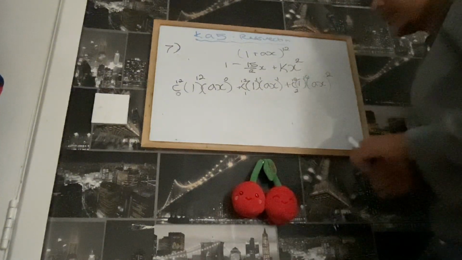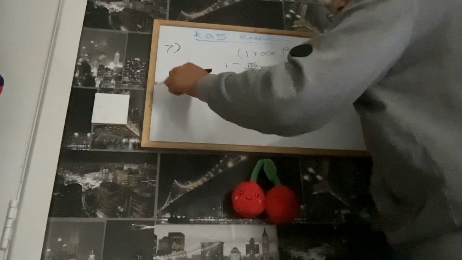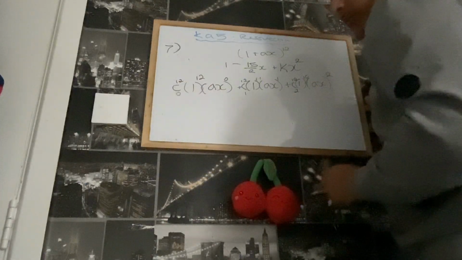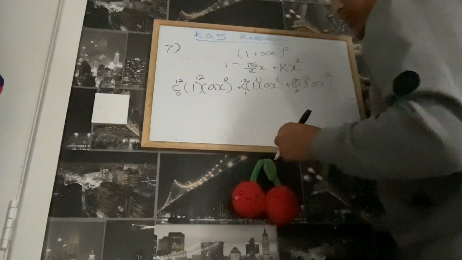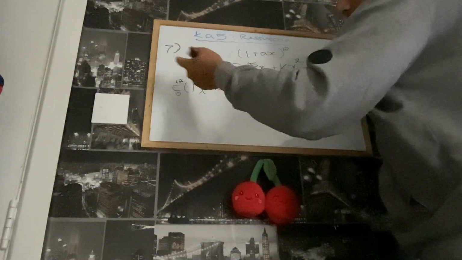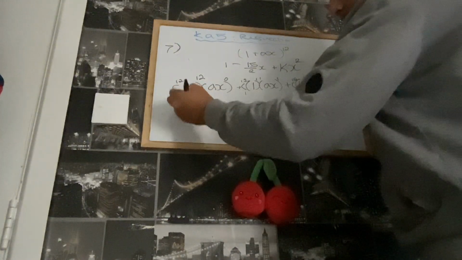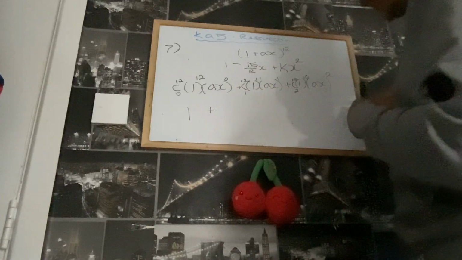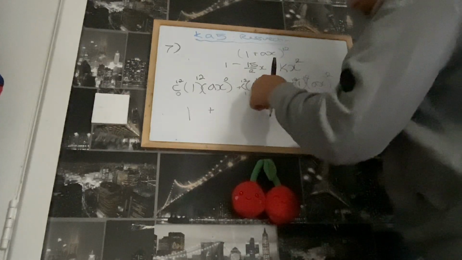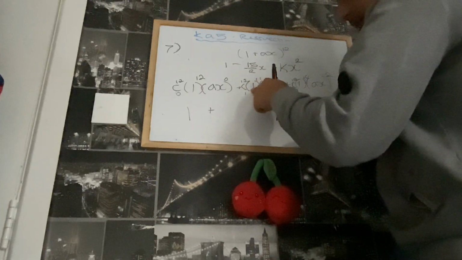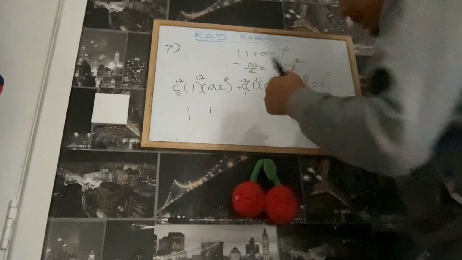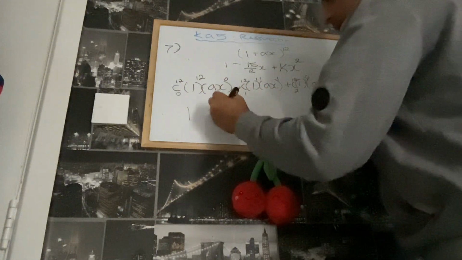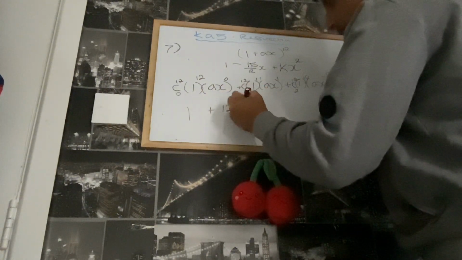So working it out should be pretty simple. 12C0, if we put that in the calculator, we get 1, and 1 times 1 to the power of 12 would always just be 1. 12C1 gives us 12, and 12 times 1 is still 1 times ax, giving us 12ax.